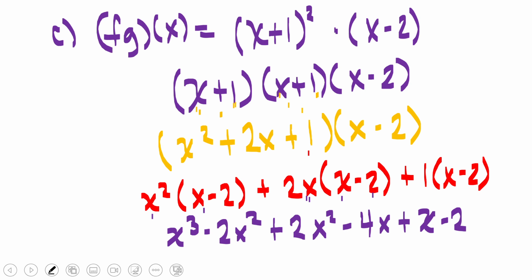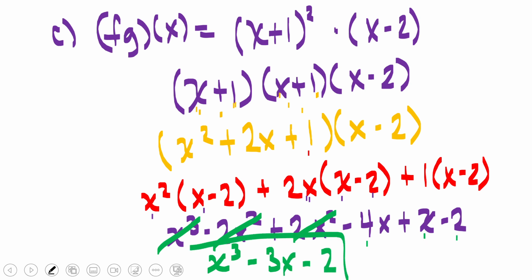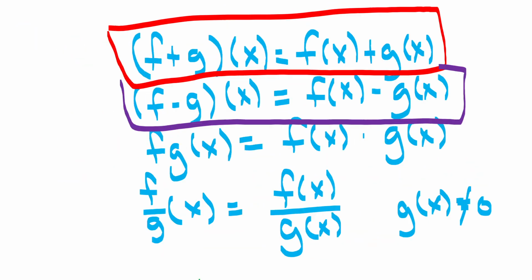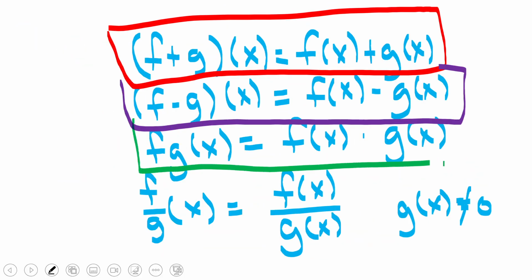Consider like terms. X cubed is hanging out by itself. We have a negative 2x squared plus 2x squared. That's completely going to drop out. We have a negative 4x plus x. That's a negative 3x minus 2. And we would go back and write the function rule from the original property.